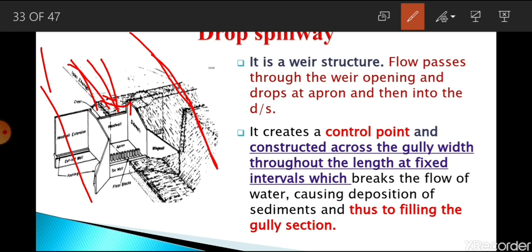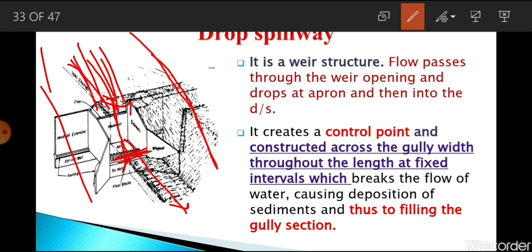When the upstream flow passes through this section, again it's like a temporary structure. There is an apron. When water falls on this apron, its strike will be absorbed by the apron, and after some dissipation of energy the water will flow into the downstream area. So this is how the drop spillway works.